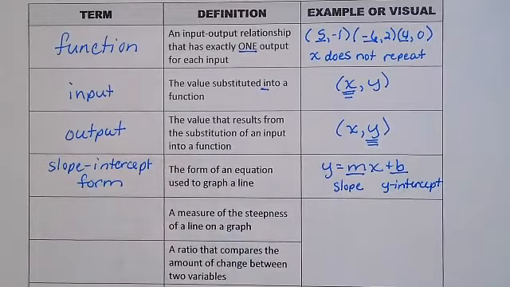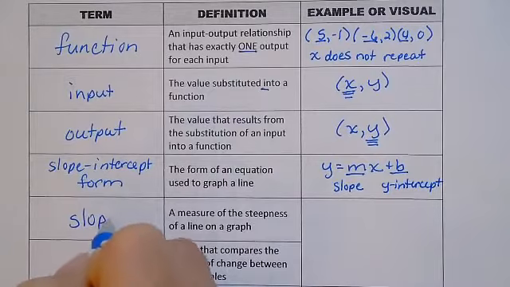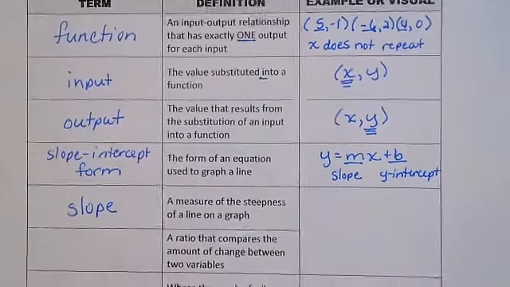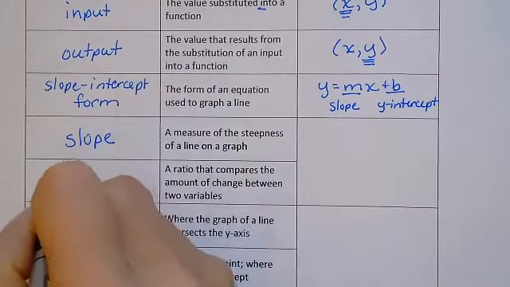And that's why it's called slope-intercept form. The measure of the steepness of a line on a graph is the slope. And a ratio that compares the amount of change between two variables is called the rate of change.